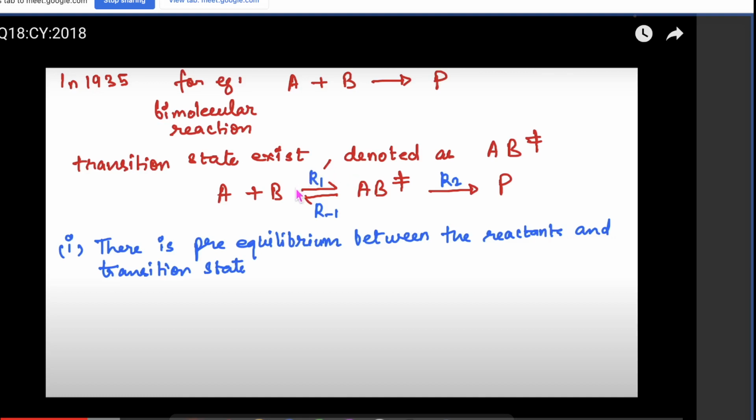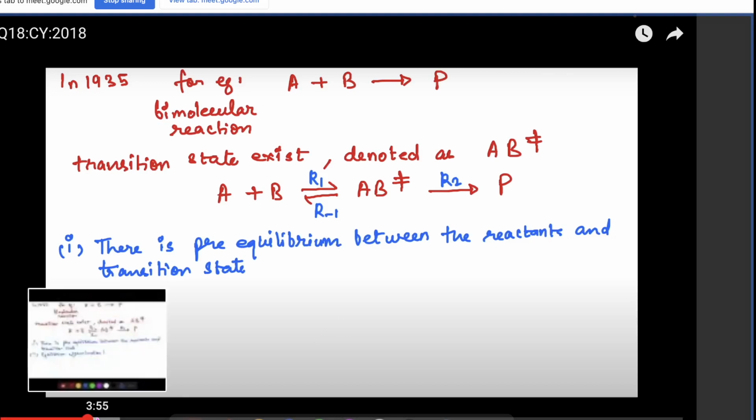And with the pre-equilibrium set up between the transition state and my reactants, you have to find out the concentration of the transition state, and then finally you have to find out the rate of the whole reaction. So this is what pre-equilibrium conditions are.